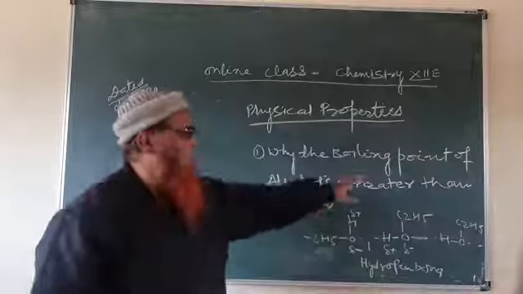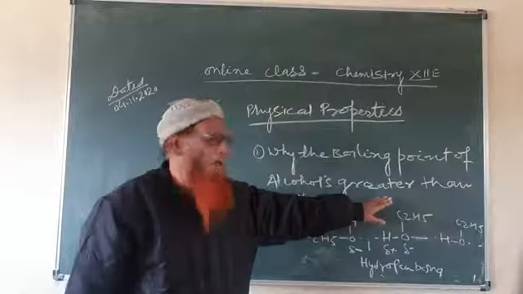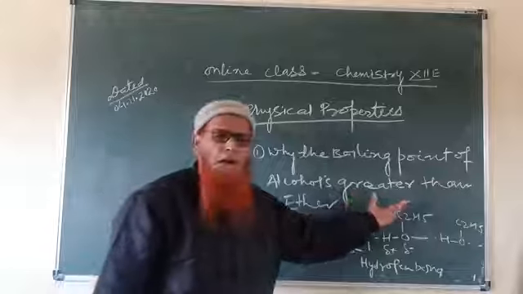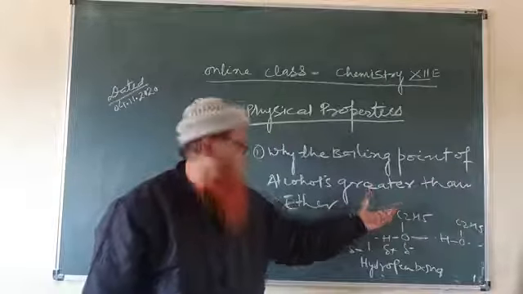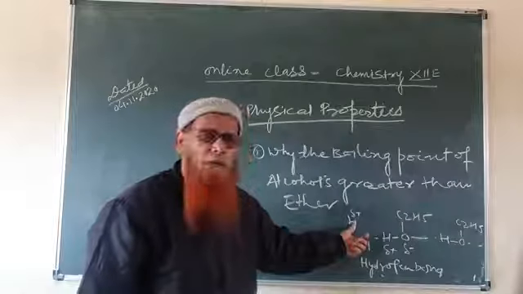But in ether, the hydrogen bond is not present because on both sides of the ether group, an alkyl group is present, not hydrogen. But in alcohol the hydrogen bond is also present.